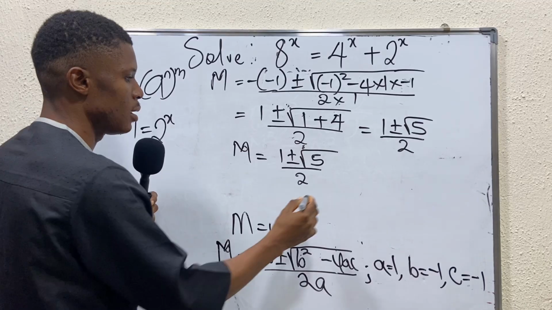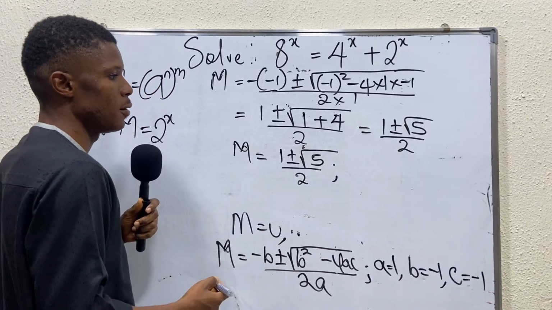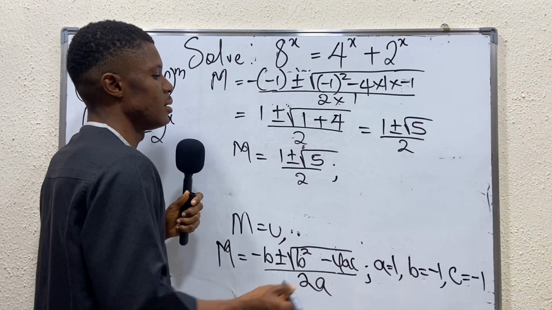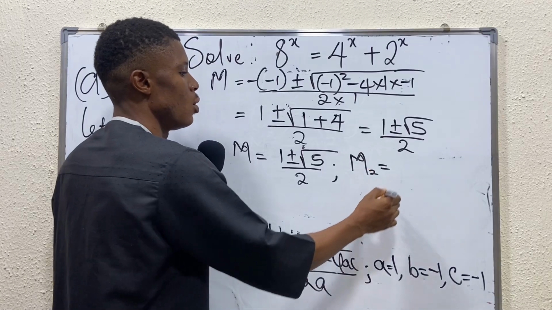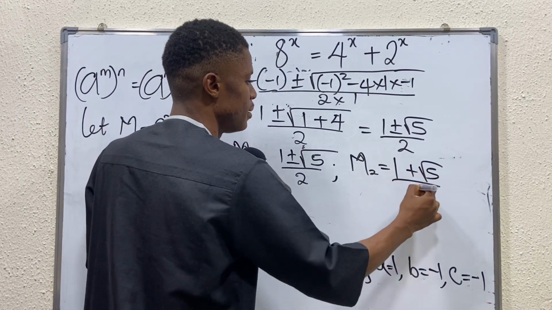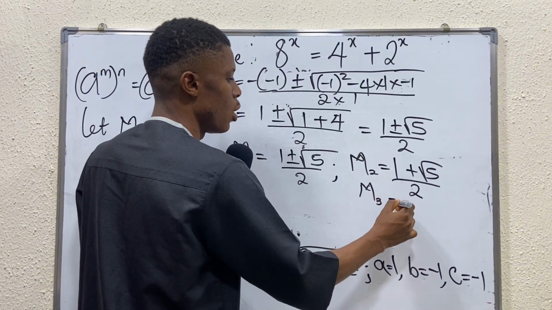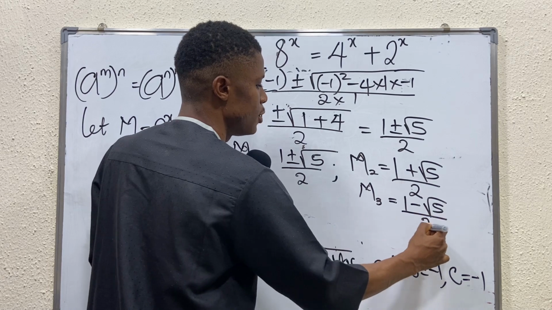So we've gotten the first value of m to be 0. For the second value of m, what are we getting? We say that m2 will be equal to 1 plus the square root of 5 divided by 2, and m3 will be equal to 1 minus the square root of 5 divided by 2.